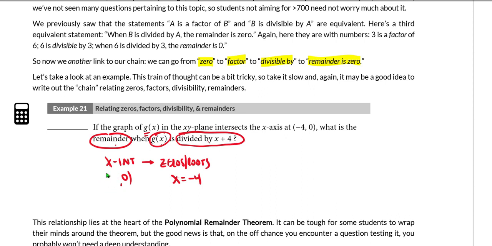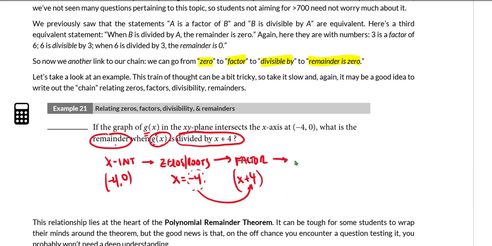We also know, therefore, that a factor of the function that we're dealing with here, function g, is x plus 4. Remember, I'm just taking the opposite of that root or zero, placing it here and slapping an x in front of it. So we know that g of x has a factor of x plus 4.